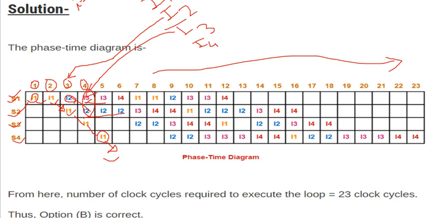Again in the sixth clock, I3 will finish its execution in S1 and move to S2, and S1 will be free, so we will place the next instruction in it. In this fashion we keep filling this phase time diagram.